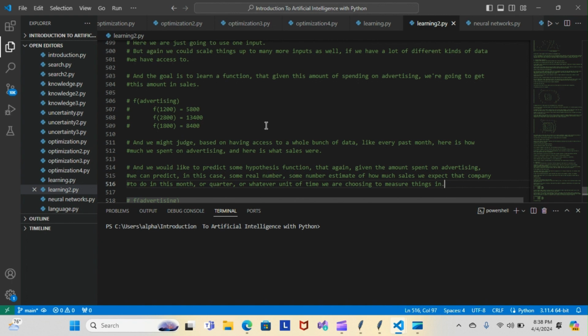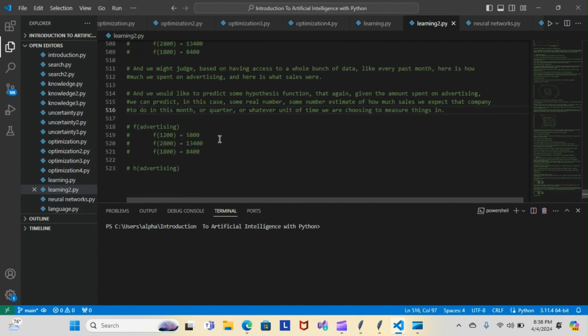Here is how much we spent on advertising, and here's what the sales were, as I just explained. And we would like to predict some hypothesis function that again, given the amount spent on advertising, we can predict some real number, some estimate of how much sales we expect the company to do in this month or quarter or whatever unit of time we are choosing to measure things in.